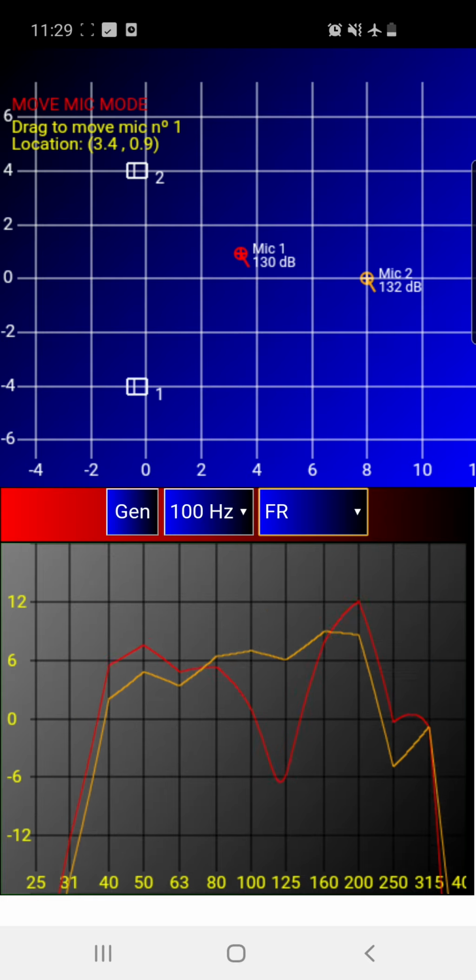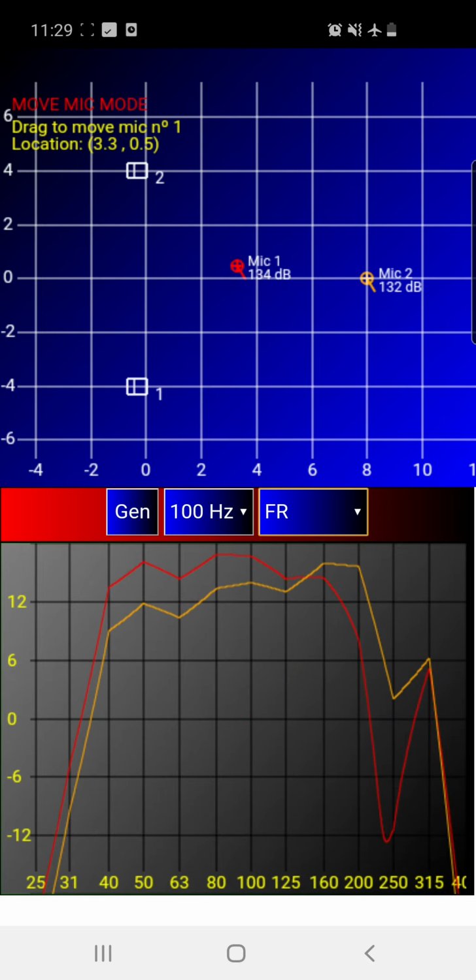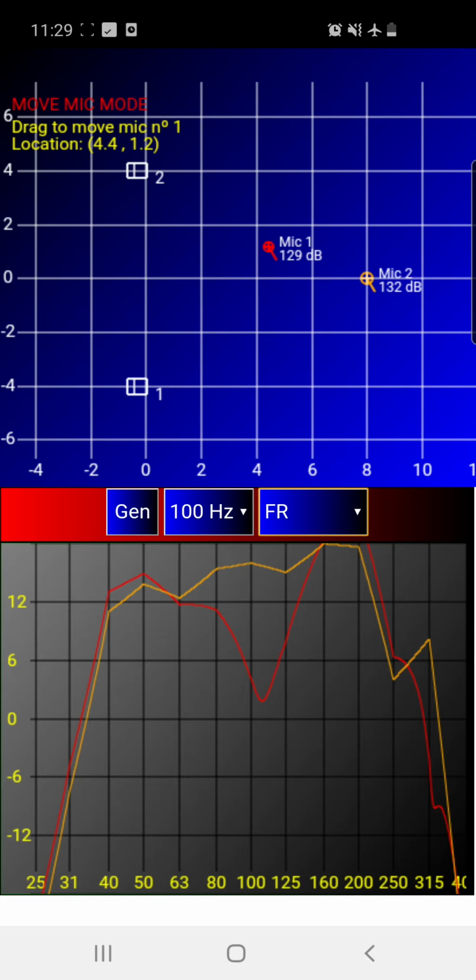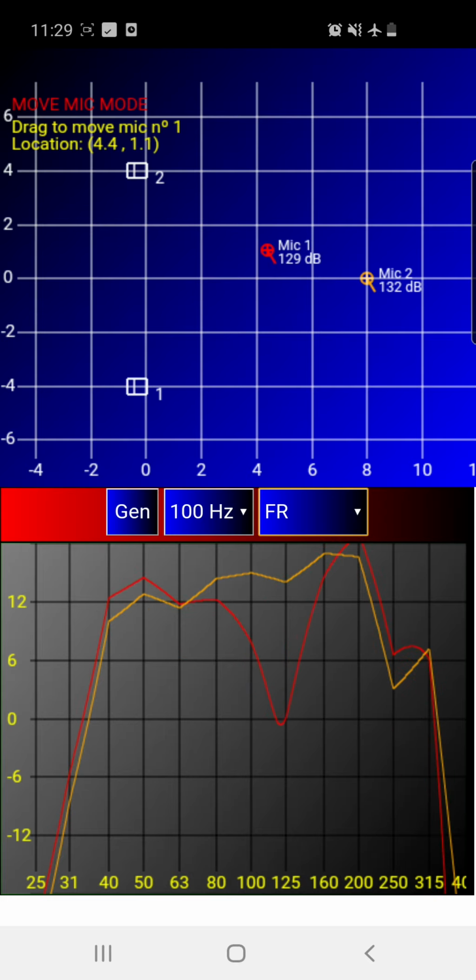Look at that. Look at that dip. I learned once at the university that the strength of the kick drum is at 100 hertz. So this guy who is there is going to be like, I don't hear anything of the kick, the bass of the kick, right?